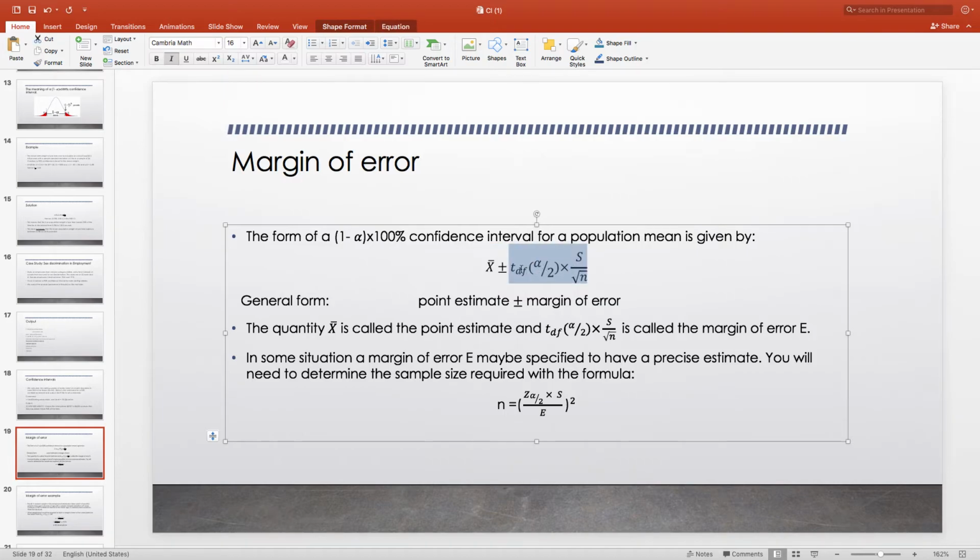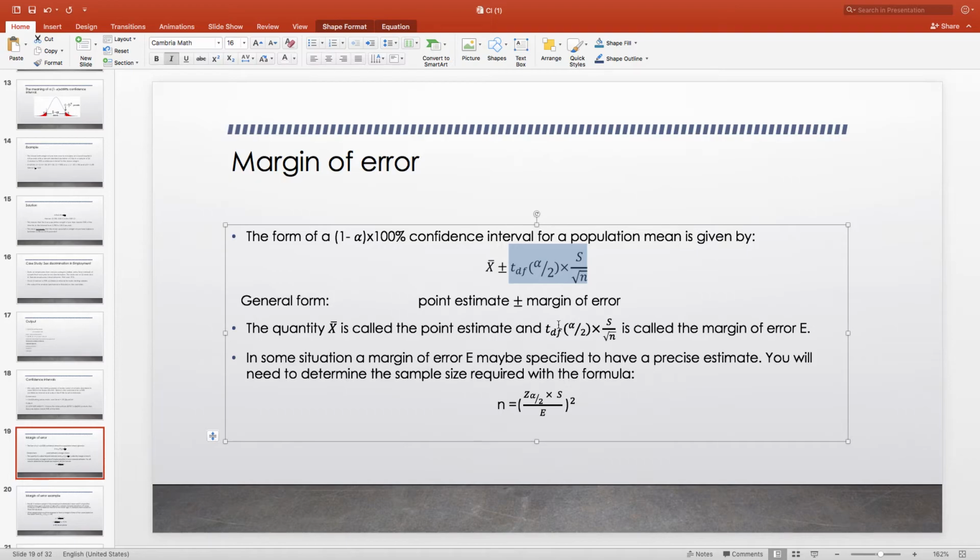And this part right here, that is called the margin of error, okay? So the general form of a confidence interval takes the form of a point estimate, which in this case is x bar. There'll be different point estimates, and a margin of error. So that's the plus or minus part, okay? We're going to call this part right here, that's our margin of error.